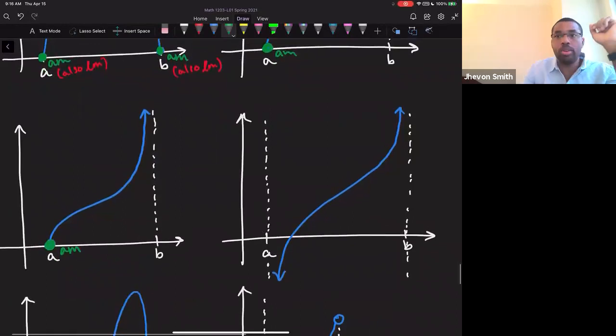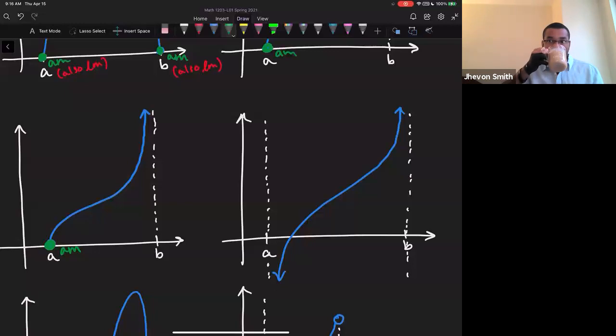In the case that my graph goes to infinity, am I able to do that? What x value would give me infinity? There is no x value that would give me infinity.